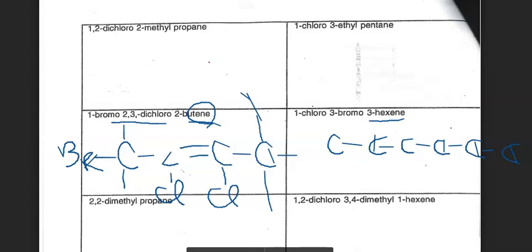Okay, 3-hexene. So on the third carbon, that's where we have the carbon-carbon double bond. 3-bromo. On the third carbon, I have a bromine. And then on the first carbon, I have a chlorine.